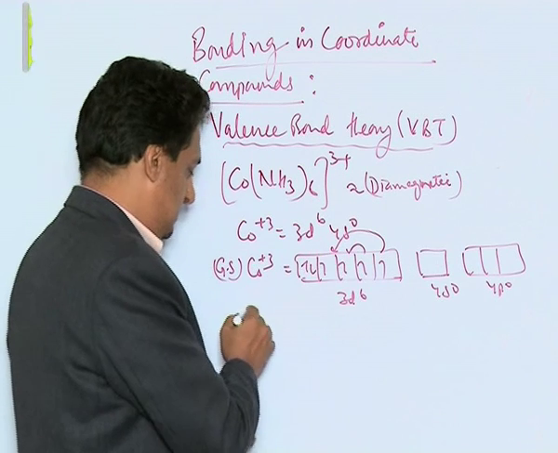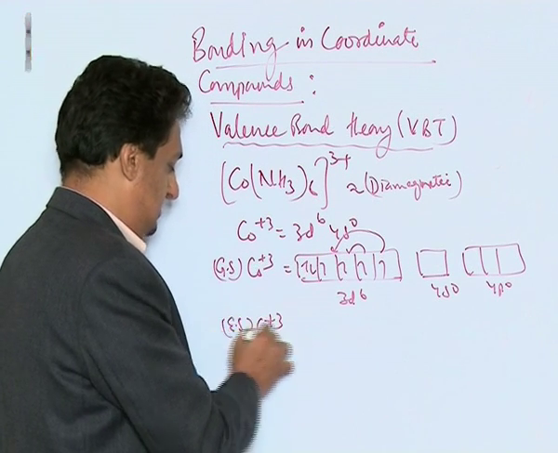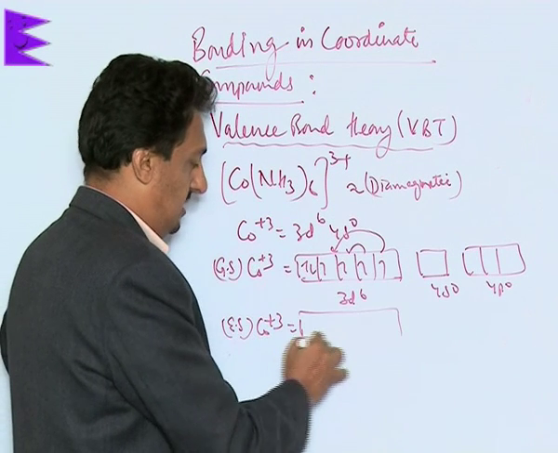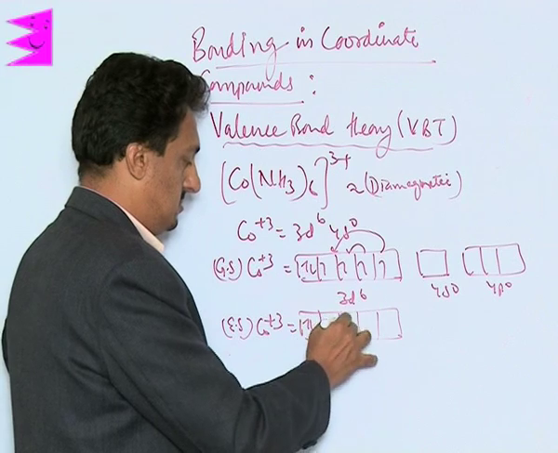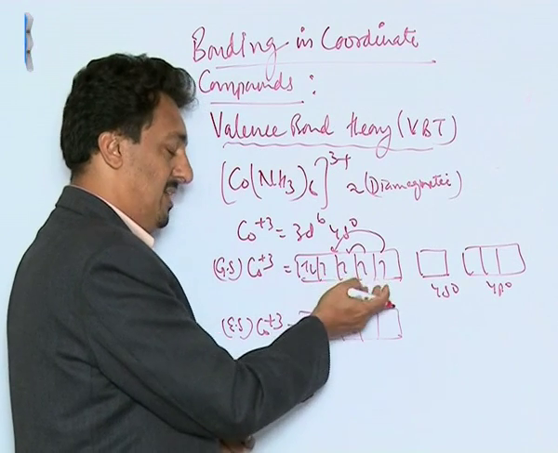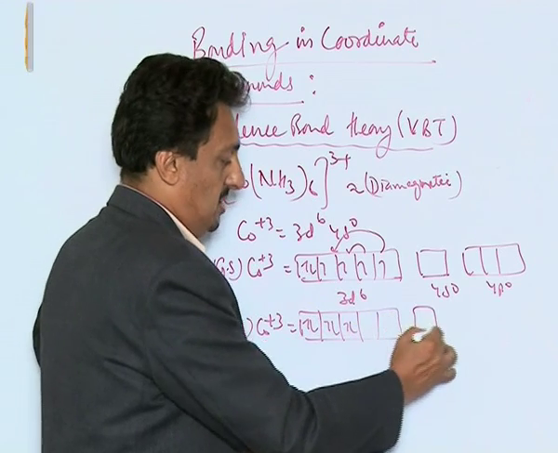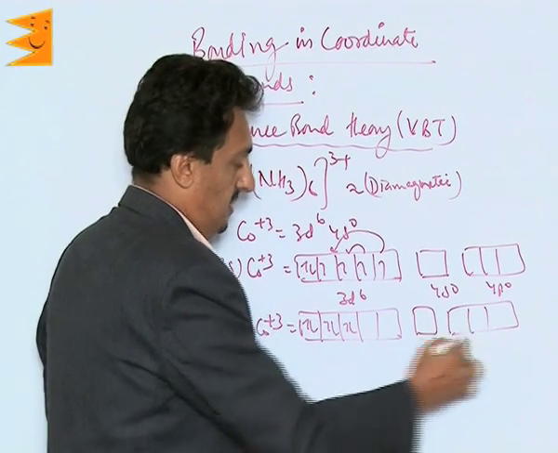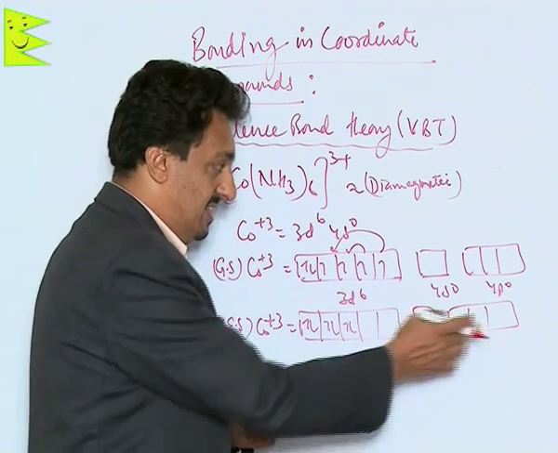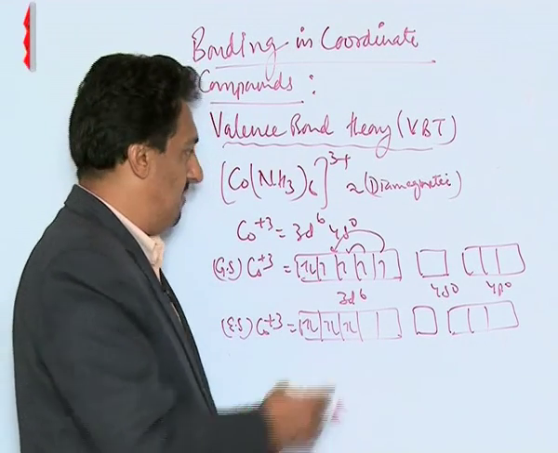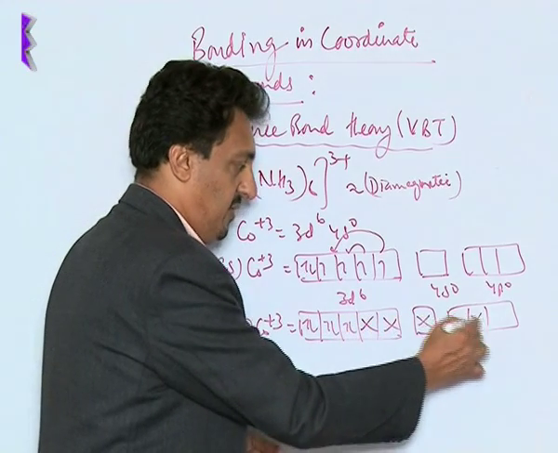So cobalt 3+ in the excited state acquires this kind of configuration. These 4 unpaired electrons pair with each other, and this is how we get 2 empty n-1 d orbitals, which combine with the s and p orbitals, because 6 ligands are coming: 1, 2, 3, 4, 5 and 6.